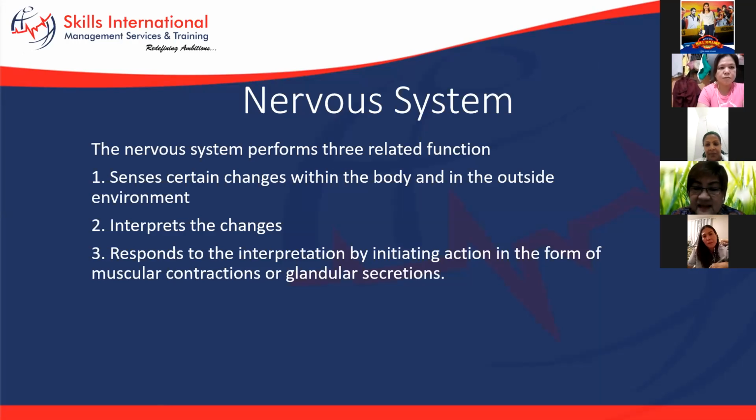It interprets the changes and it responds to the interpretation by initiating action in the form of muscular contractions or glandular secretions. The senses, the feelings that we have, are changes within our body, and how we feel from the senses outside of the environment.